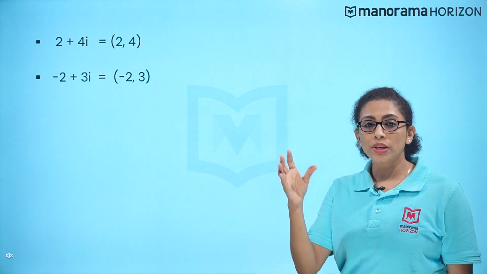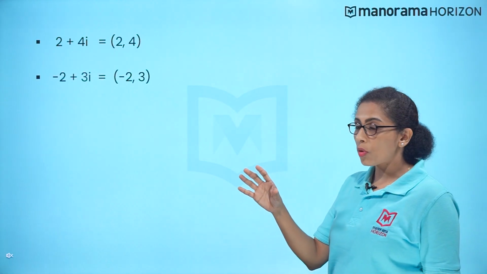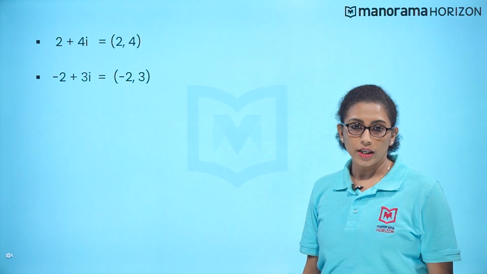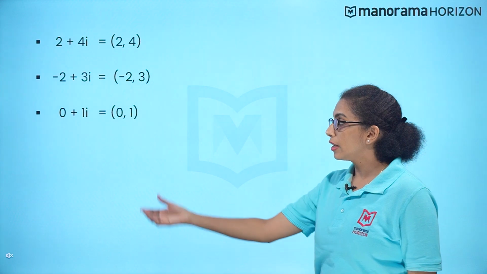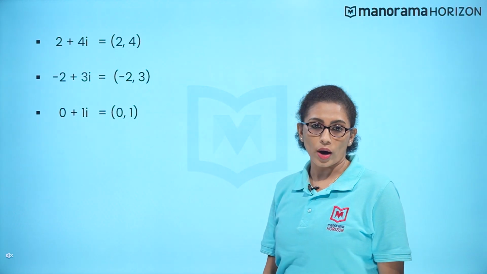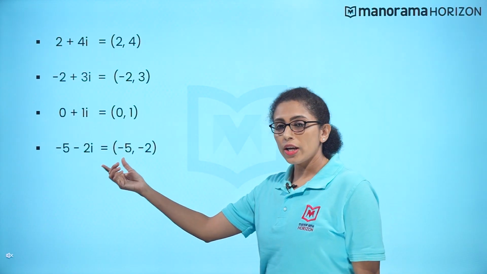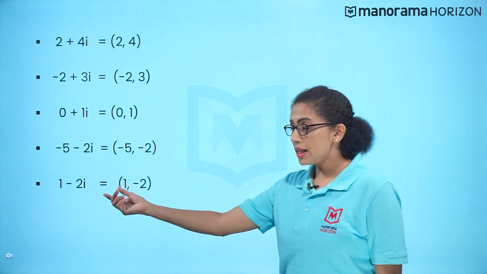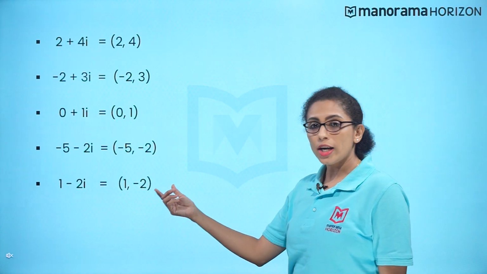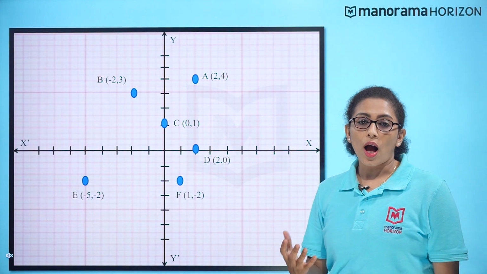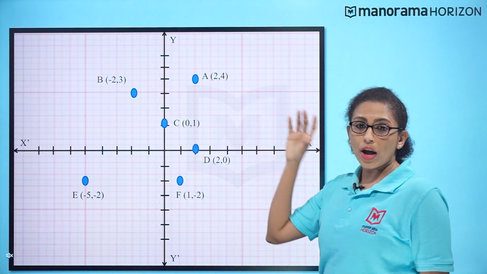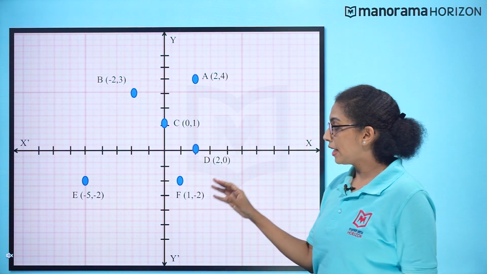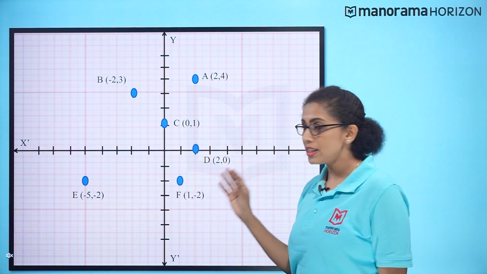Now minus 2 plus 3i corresponds to the ordered pair minus 2, 3. 0 plus 1i corresponds to 0, 1. Minus 5 minus 2i corresponds to minus 5, minus 2. 1 minus 2i corresponds to 1, minus 2. These points are represented on the xy plane by the points A, B, C, D, E and F.